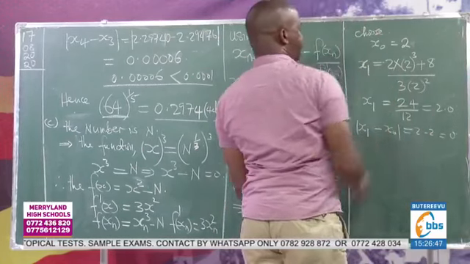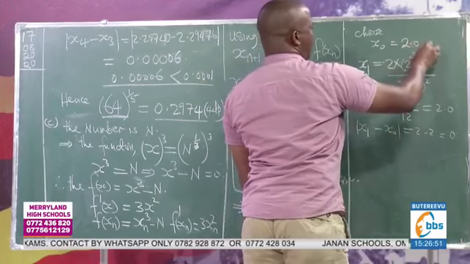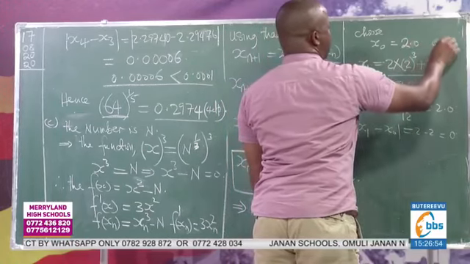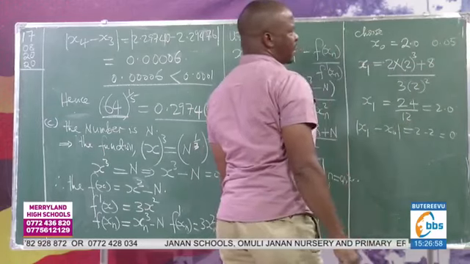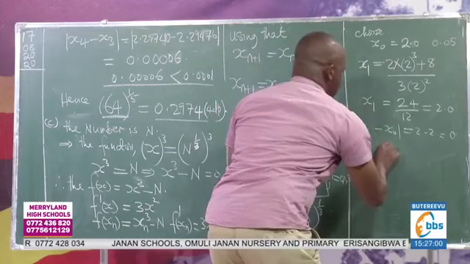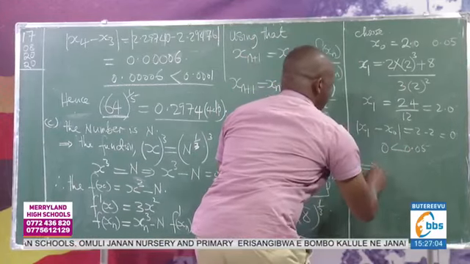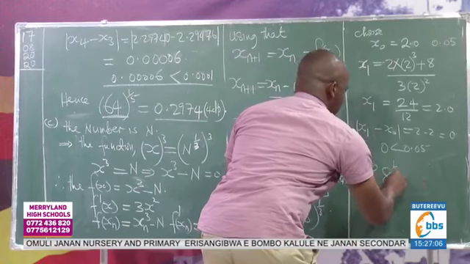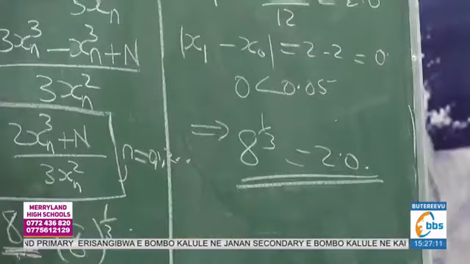If this is to one decimal place, it means that the error is 0.05. So 0 is less than 0.05, and this implies that we can say that the cube root of 8 is actually 2.0 straight away.